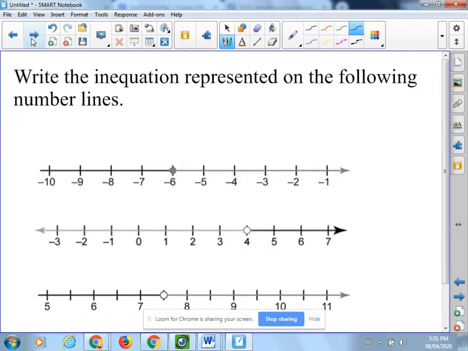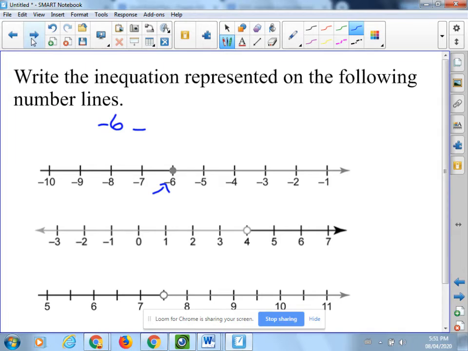Write the inequation represented on the following number lines. The other way that you're going to see it is they're going to give you the graph and you need to say what is being shown in that graph. Okay, because my circle is on the -6 here, and it is a filled in circle, I know that I'm going to have -6, and I know that I'm going to have an equal with my equation.